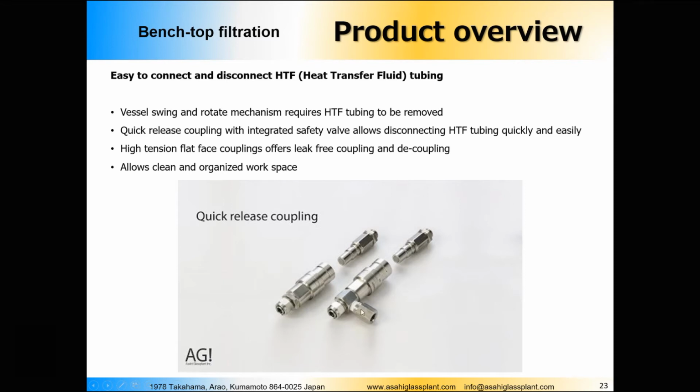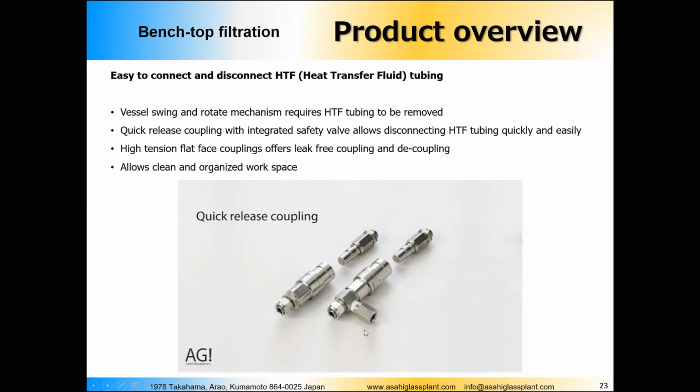There is only one point that I should mention here: the difference in the design of this part is that this is the pressure relief valve. Why do we need it? Because when we're talking about the glass reactor, if the jacket of the glass vessel is filled with heat transfer fluid, and the heat transfer fluid starts to expand due to the temperature, it will actually break the jacket.